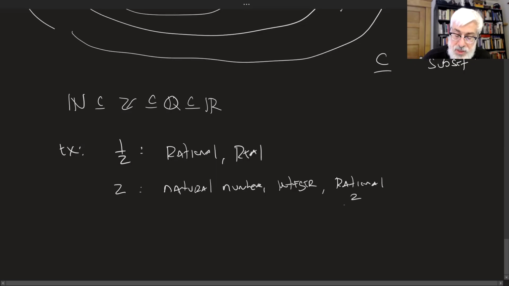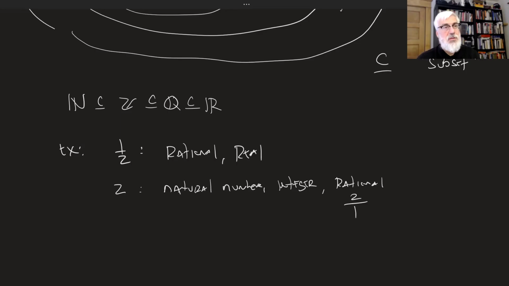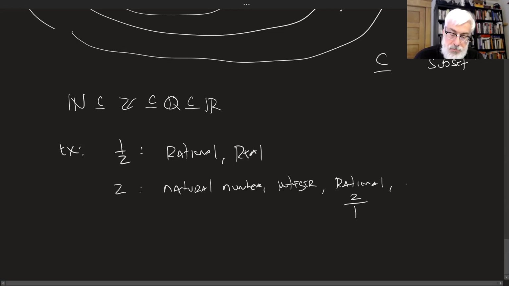Well, because I can express 2 as 2 over 1. 2 is an integer, 1 is an integer, 1 is not 0, so it's also rational. So everything's real, so it's a real. So 2 is natural, integer, rational, and real. In other words, if we look, 2 exists in this, which means it exists in here, and exists in here, and exists in here.